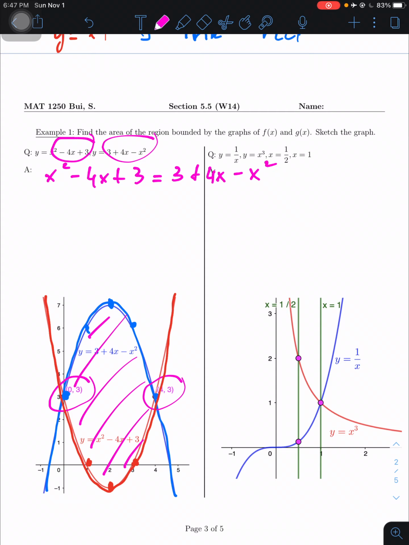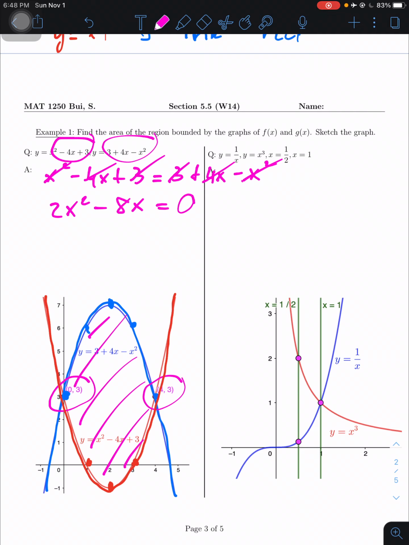And then we're going to get a 0 by moving everything to one side and combining like terms. So it's going to be 2x squared, because we add these two up. And on these two terms, it's going to turn out to be a negative 8x. And then 3 minus 3, we get a 0. Okay?